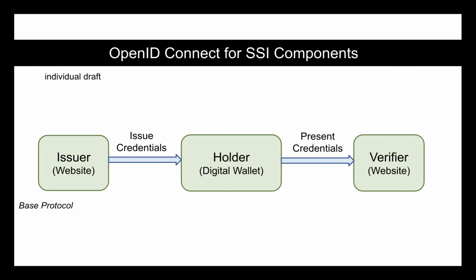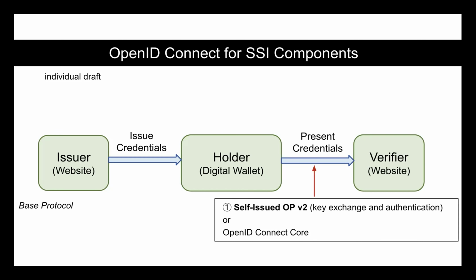And the key element here is that the holder of the credential needs to demonstrate that it is in possession of the cryptographic material that is used to bind that credential to the holder. And what we do in OpenID Connect for SSI, as I said, is develop a set of specifications that can be used for the different interfaces and different use cases.